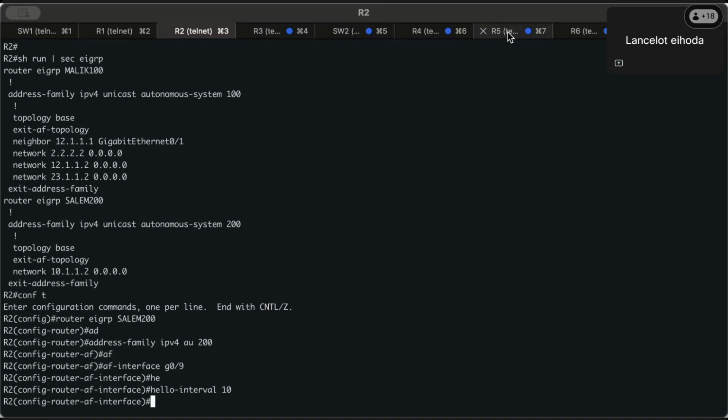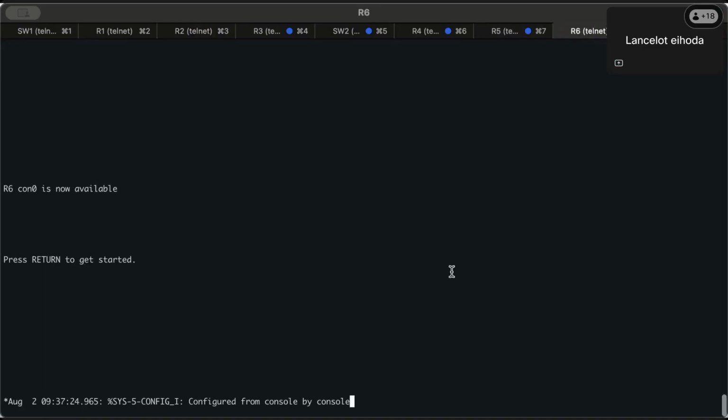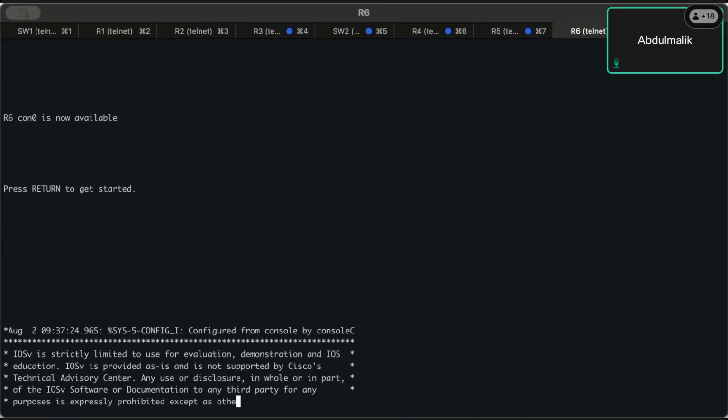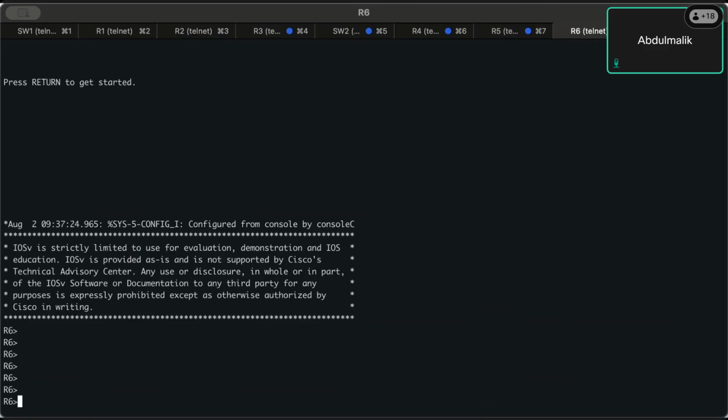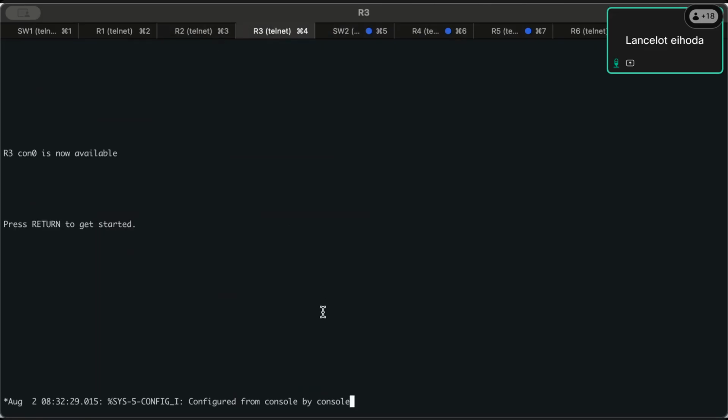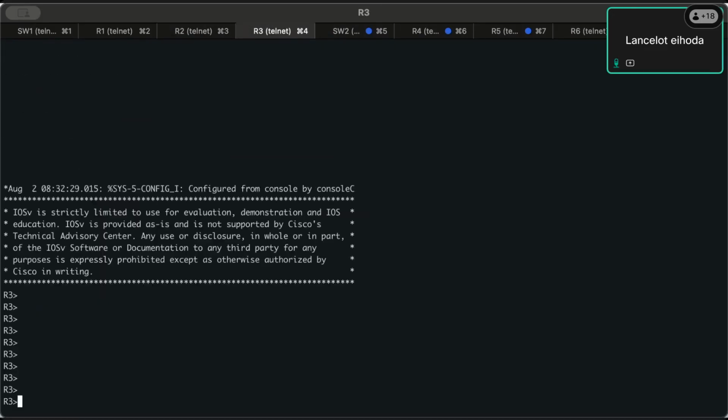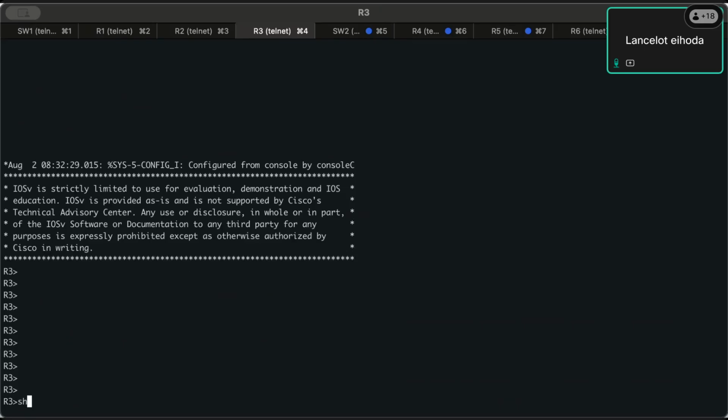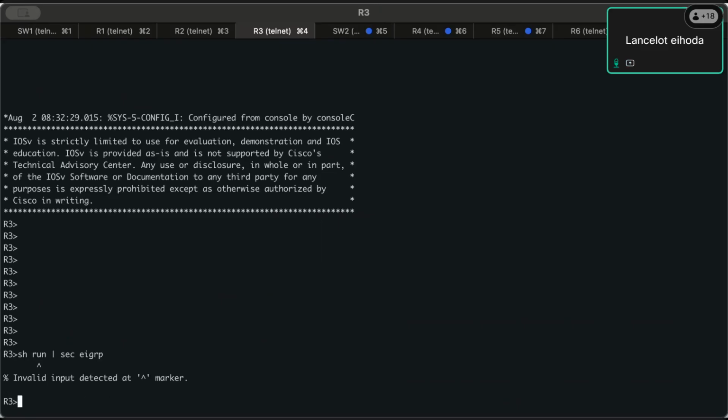And we need to go to router 6 again, right? Is it router 6 or router 3? That's 200. Router 6. I don't think router 3 has it.